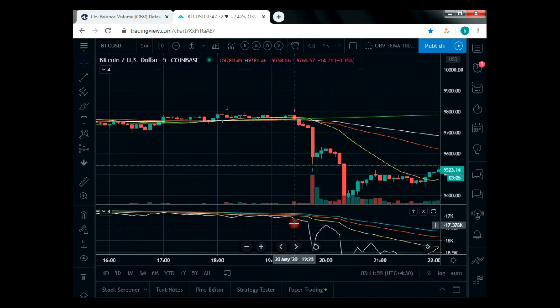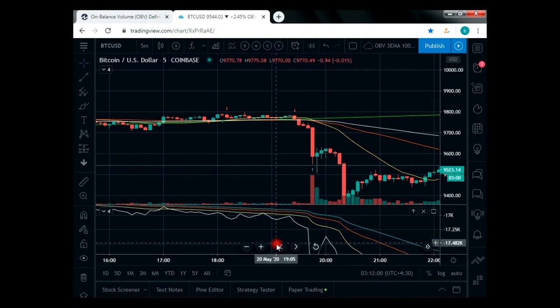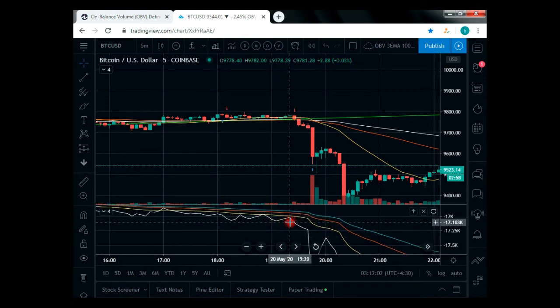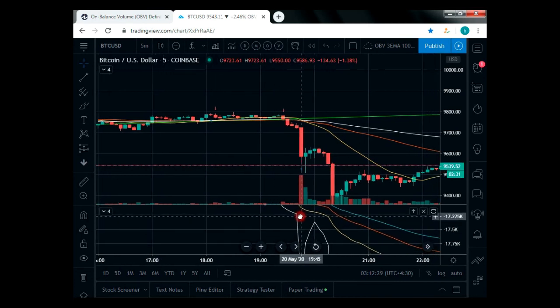As you can see, the unbalanced volume was nicely trapped under the 21 period exponential moving average, and as soon as I got this nice slope, because as you can see, 1, 2, 3 tops below the 21 period moving average on unbalanced volume, you know finally it's going to be a downtrend.